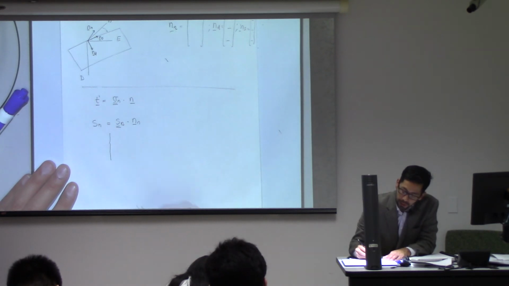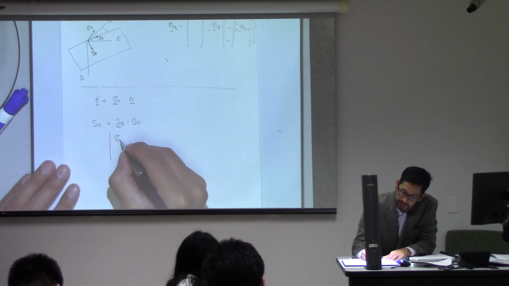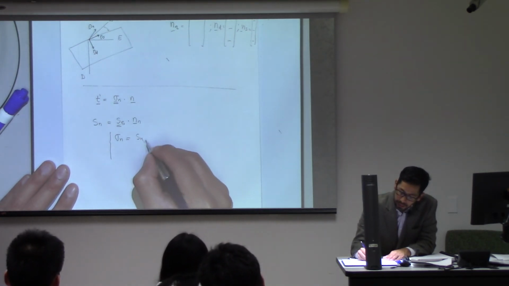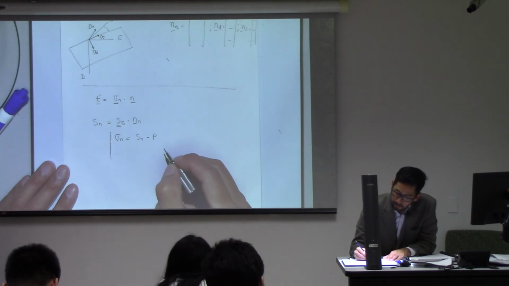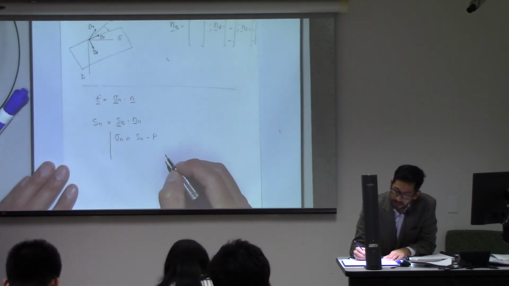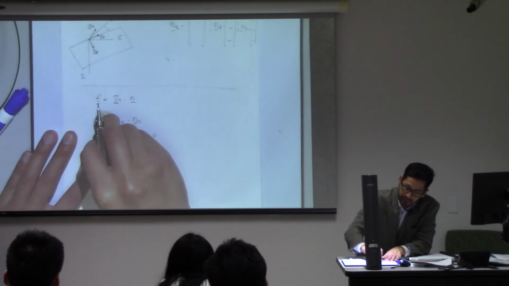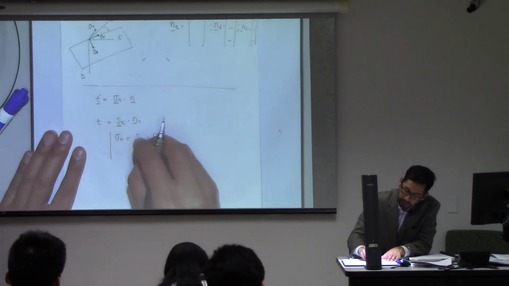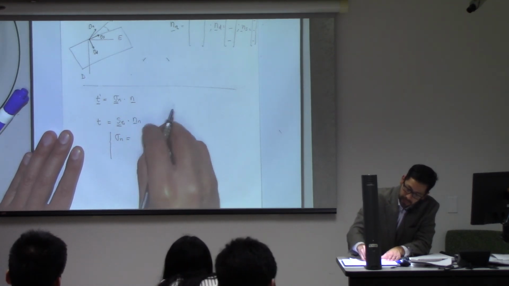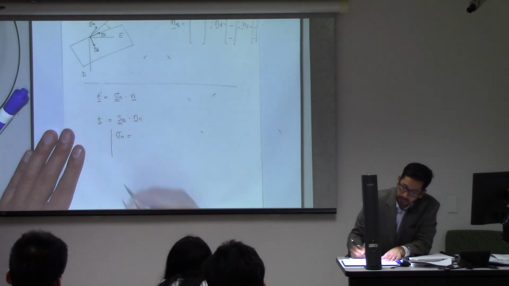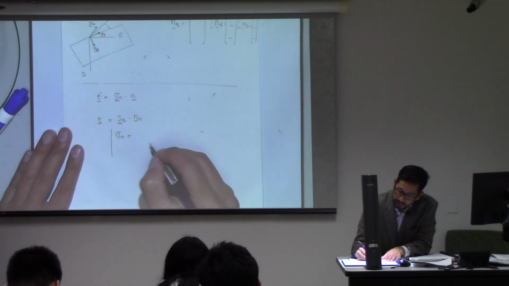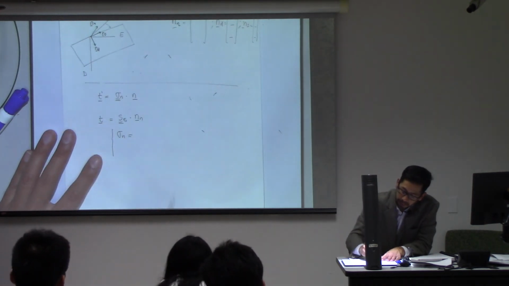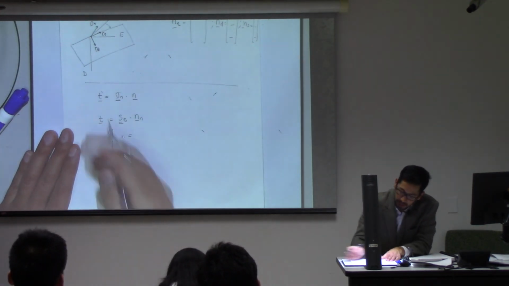And from here I can further compute what is sigma n, which is going to be Sn minus, no, this is wrong. This is T. I was going one step further. And this is a vector. So sigma n is going to be, well, let me, I don't want to skip steps here.